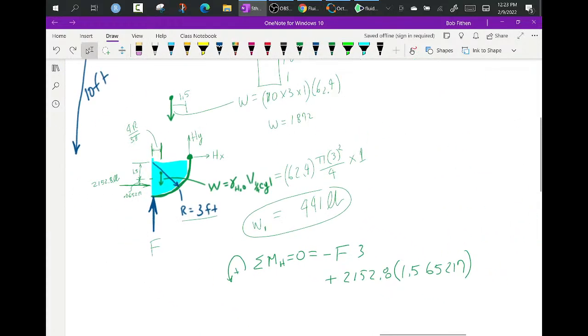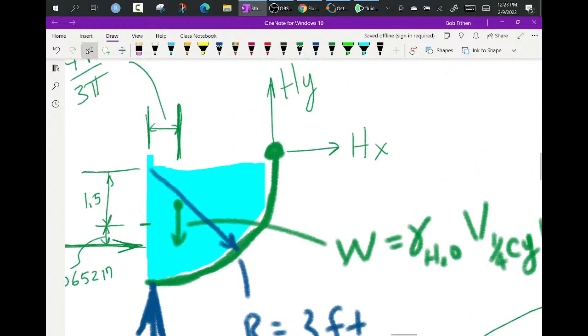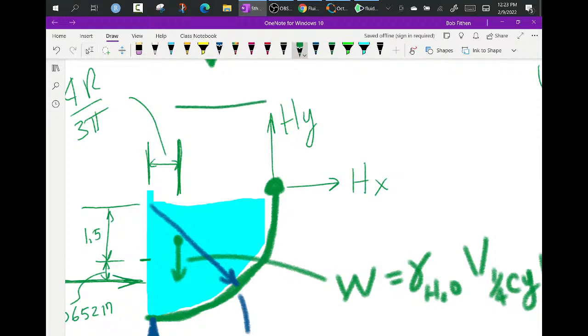Now I've got this one. This one's producing a moment this way, which is a positive, which is 441. But its moment arm is this distance, which is R, minus that distance, because here's the moment arm.